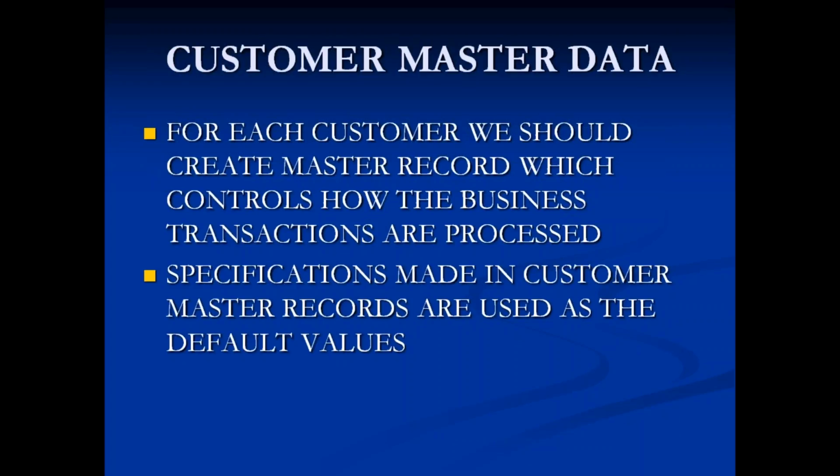Because whatever information you have maintained in your master record, the same information the system will consider. Why? Because that information will become default. So why is the system choosing the reconciliation account 100 500? Why not 100 501? Because that same reconciliation account we have maintained in the master record. So that is the reason the system will pick all the information from your master record.